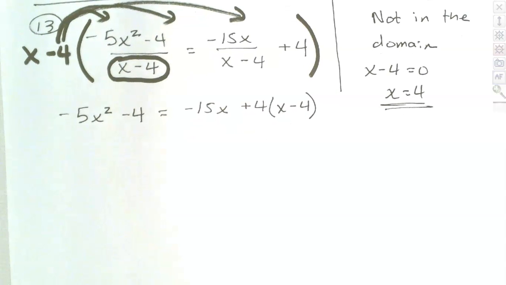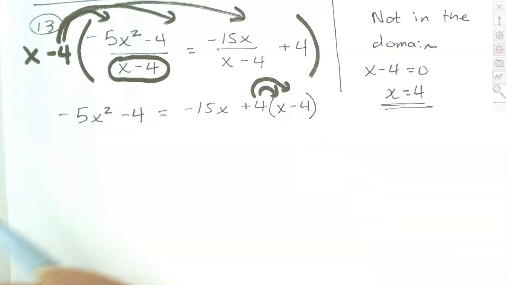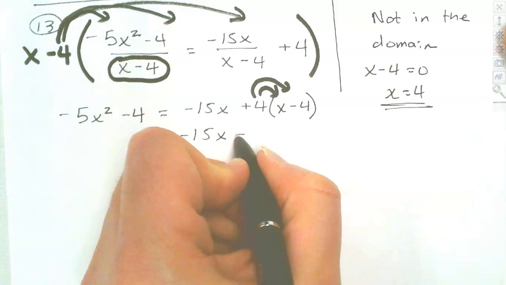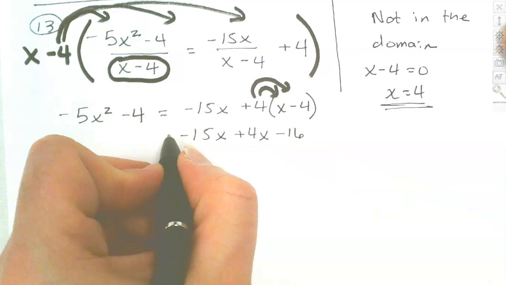We'll go ahead and distribute that 4 through, combine like terms, and eventually set it to 0. So distribute that 4 through, and that's going to give you a minus 15x plus 4x minus 16 on the right.